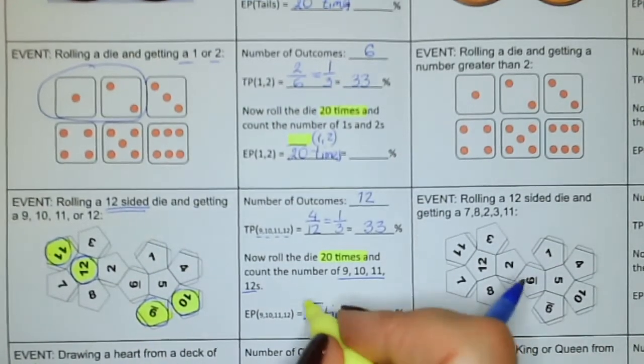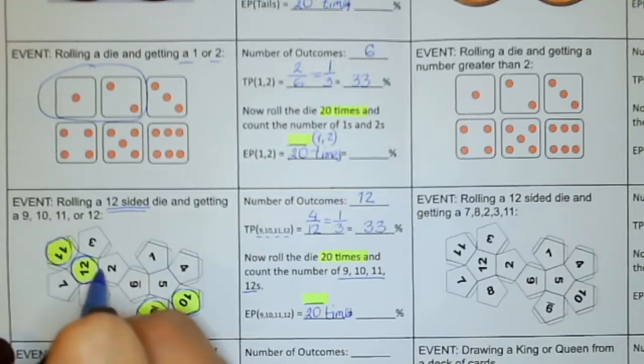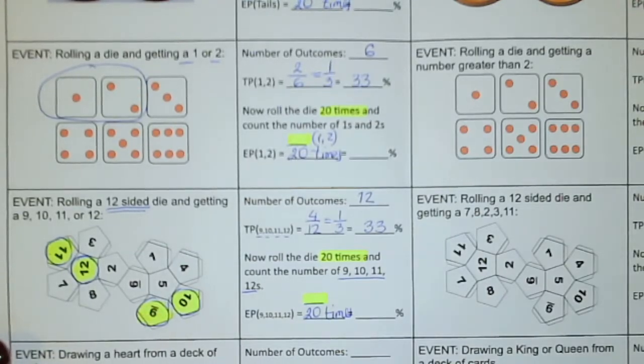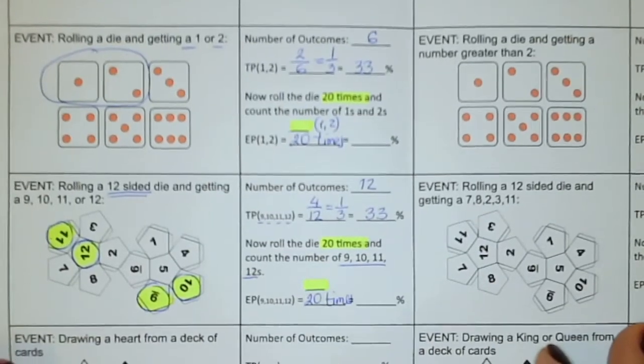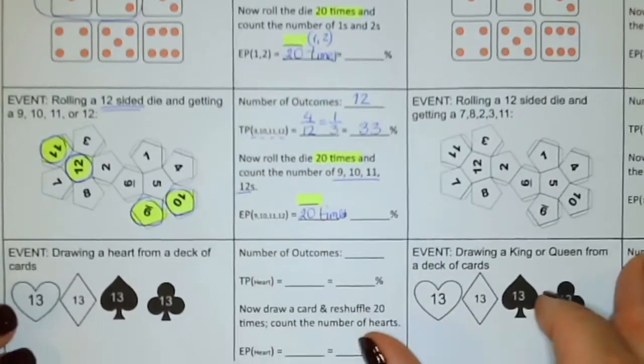You can use tallies to count how many times you will see a 9, how many times you'll see a 10, how many times you'll see an 11. You can put it here next to the number 11 as you do the experiment. Then we'll divide and convert to percent to see how much is the experimental probability to get those numbers by performing that experiment 20 times.